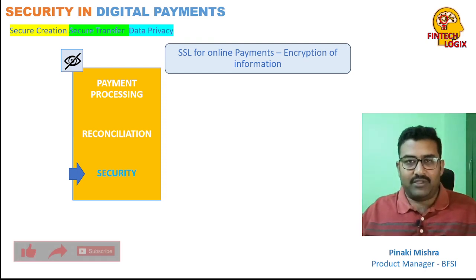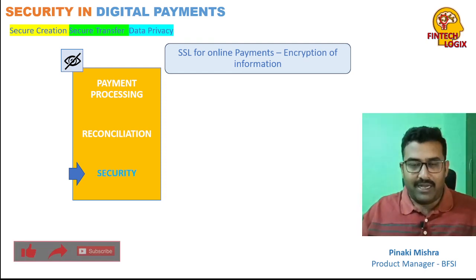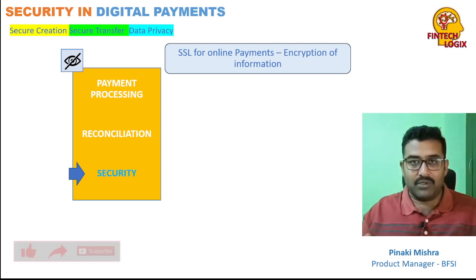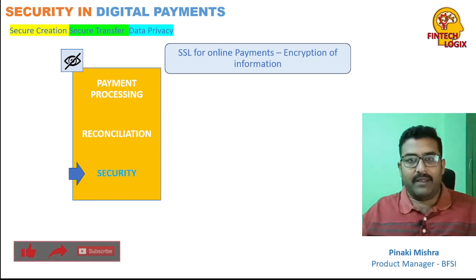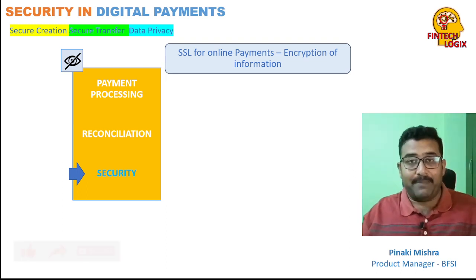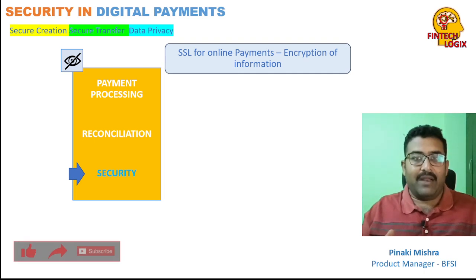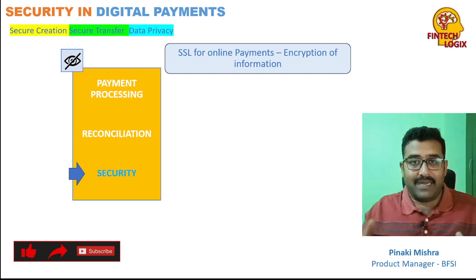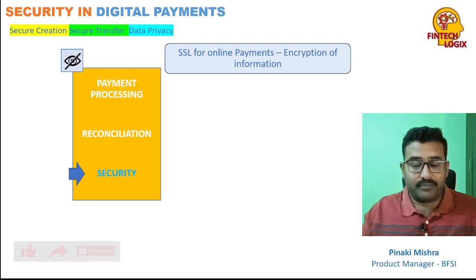In short, your secure socket layer forms a link between your customer's browser or the app and the web browser where the processing is happening. So it encrypts the data in the entire flow so that data leakage can be avoided and only the destination can decode the data, right?